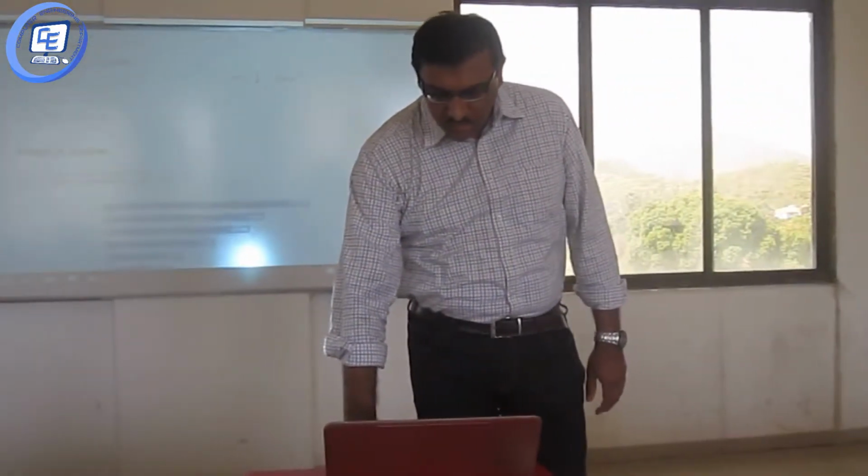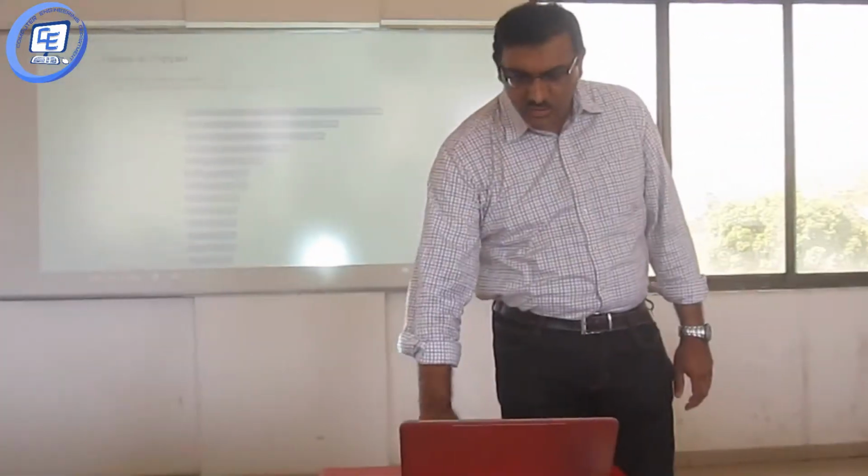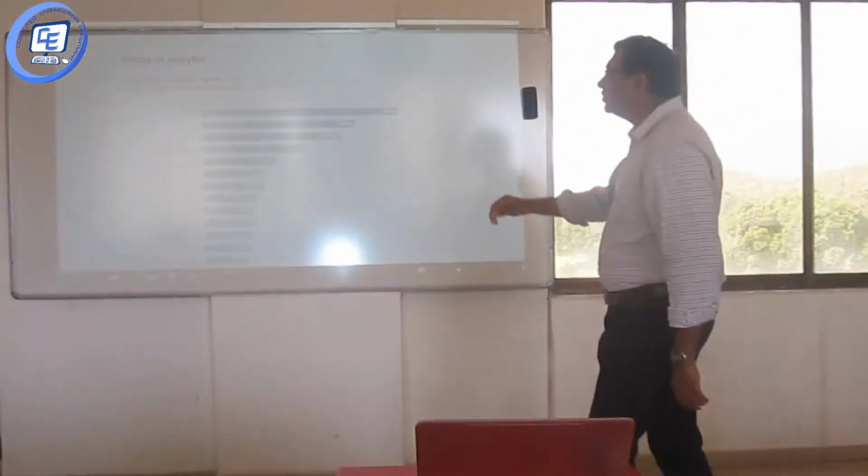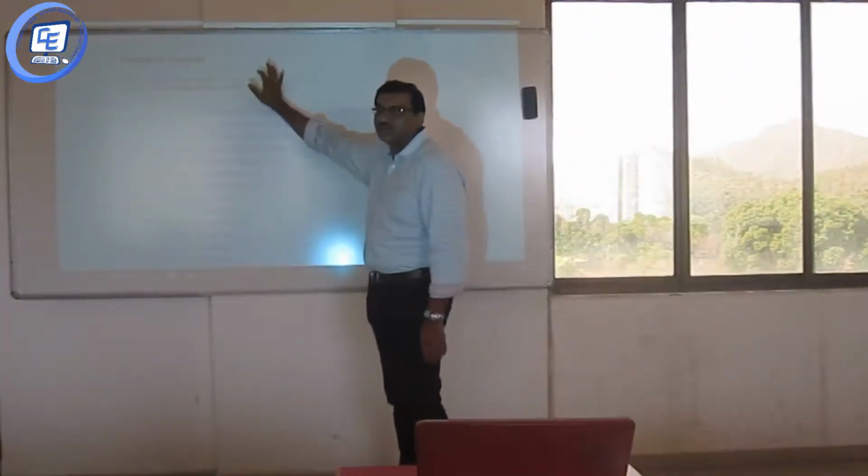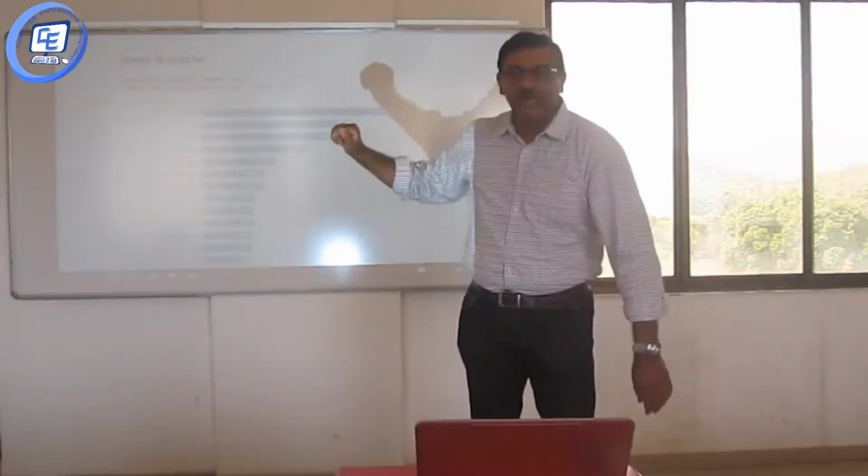Okay. Now, how to display an image in Jupyter. So in this cell, just click on this cell over here in your notebook. Click on this cell.